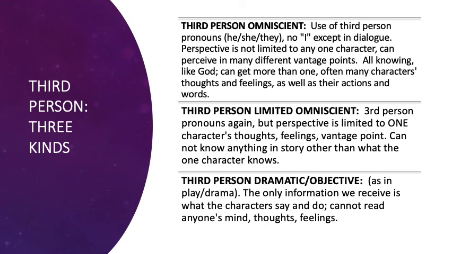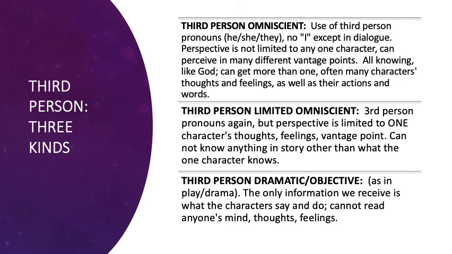If it's omniscient, omni is all, scient is knowledge, so all-knowing. This narrator can see into the minds of more than one character, at least two, possibly more, in addition to what everybody's saying and doing.